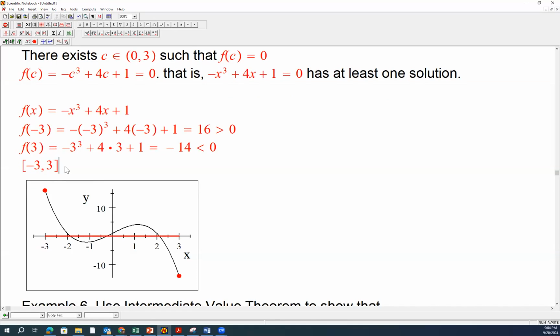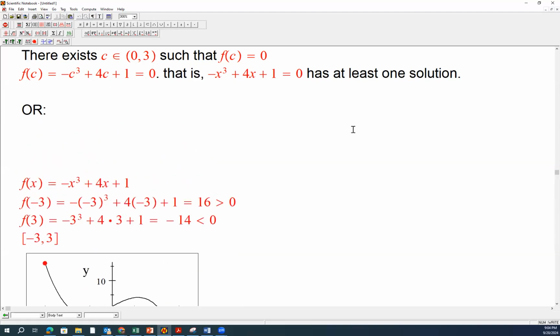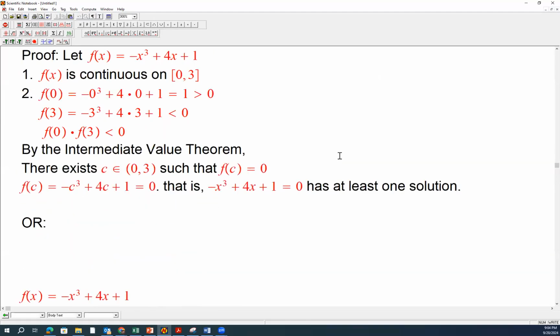You can see. So this theorem, right? There's another version. There are more than one solution. If you draw the picture, there's another one, right? If you draw the picture, you might identify intervals that may contain more than one solution.